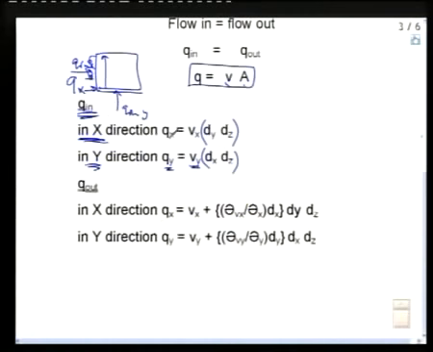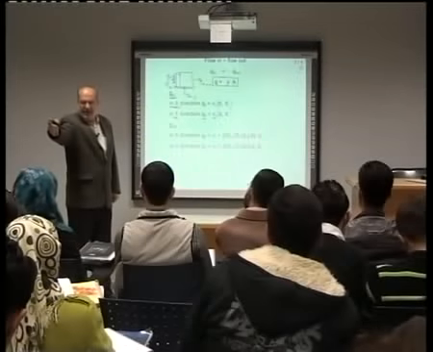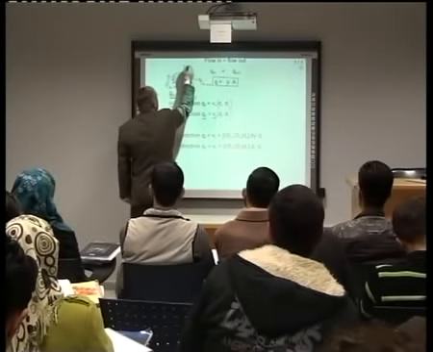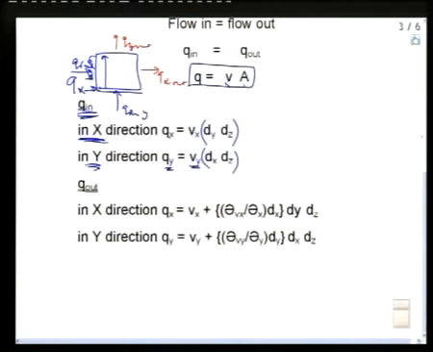Now we will go to the Q out. Q out, I'll put them in red. The Qx will give me Qx out. This is Qx in, it will go, and then it will be Qx out. And this will be Qy out. I have two inside, then I will have two outside.